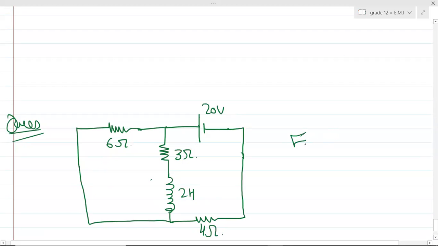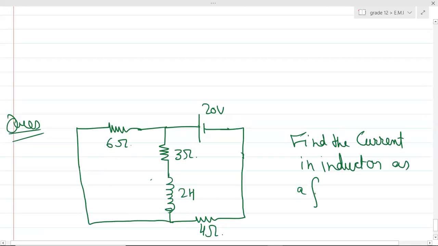The question is again, find the current in the inductor as a function of time. Whenever I'm asking as a function of time, that is basically where I need to use Thevenin over here, right? Because I need to convert this to an equivalent battery and use Thevenin. So I'll write the hint as well. If you have forgotten Thevenin, please don't do that.